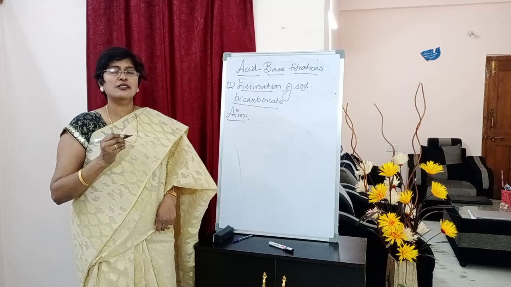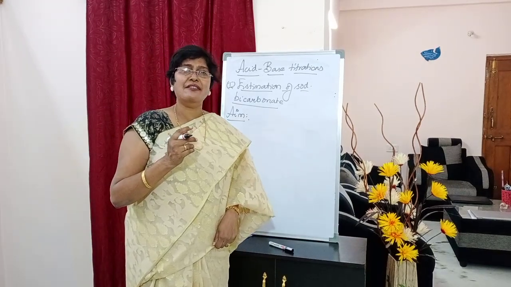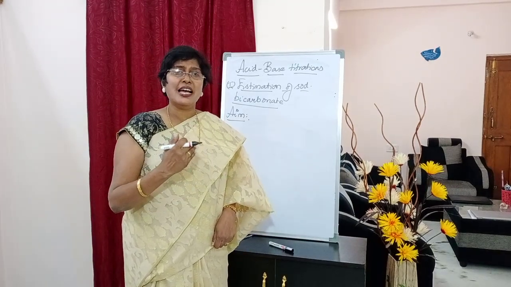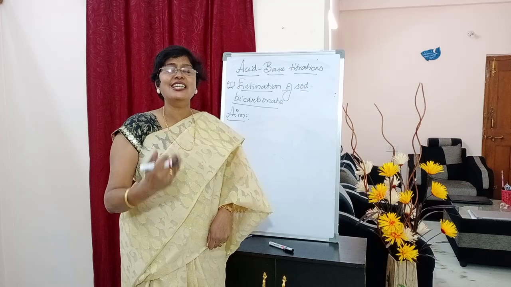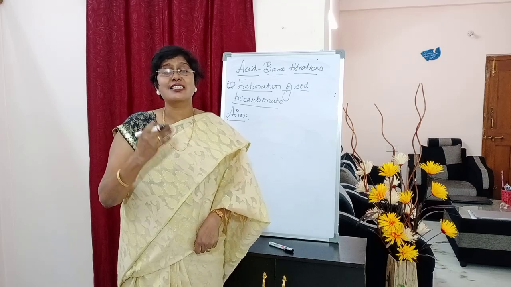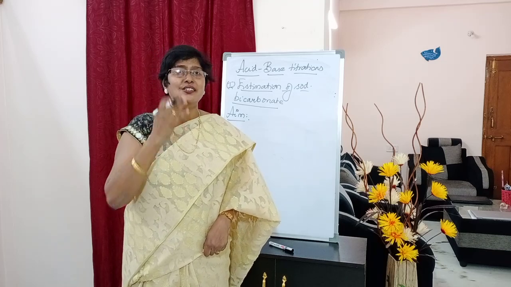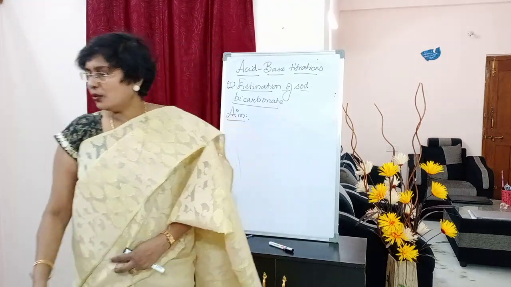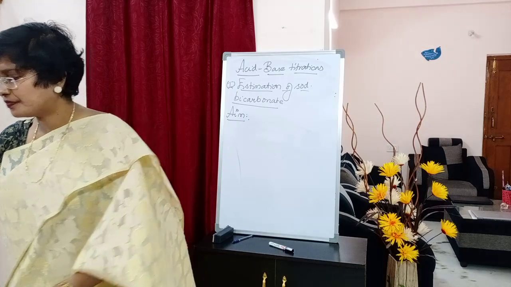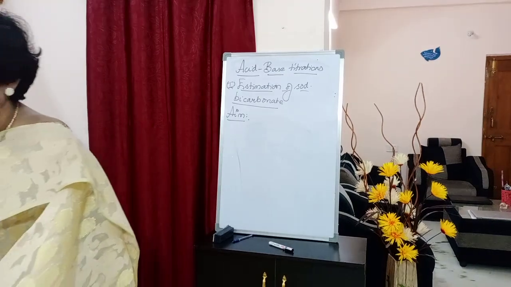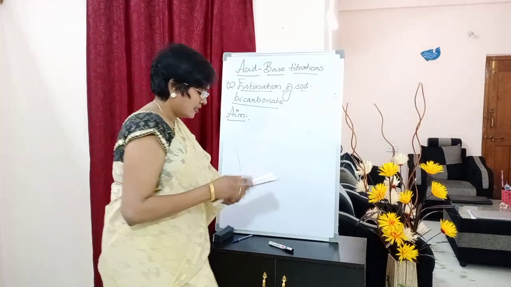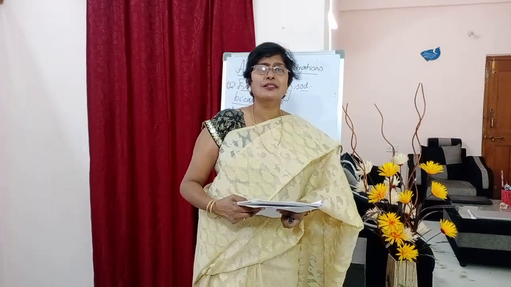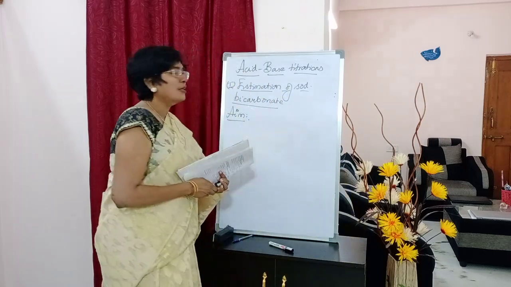Now, put the side heading aim. We will be having aim, principle and procedure. Later we will be doing the calculations after doing the experiment. Students, ready? Write down. Aim: To estimate the amount of sodium bicarbonate.